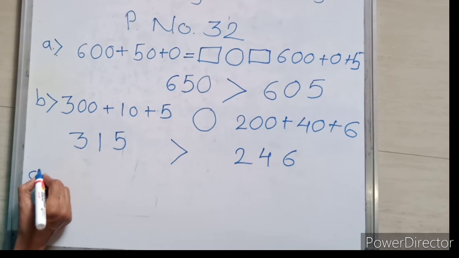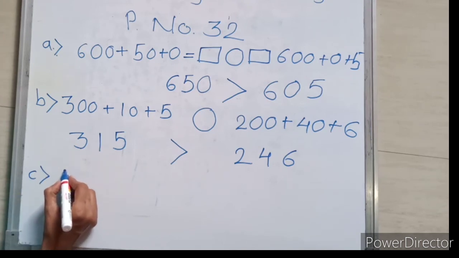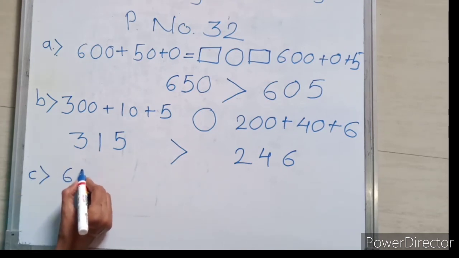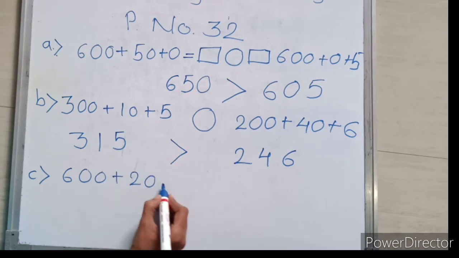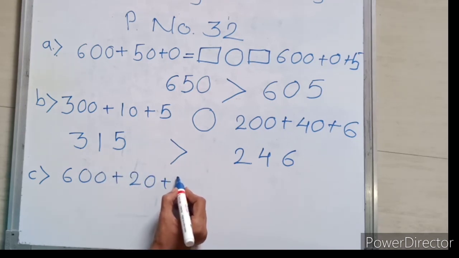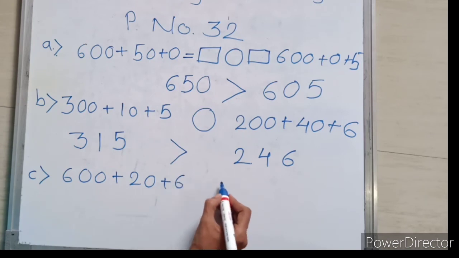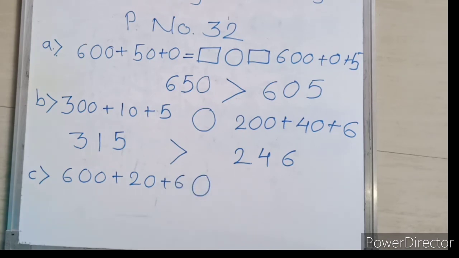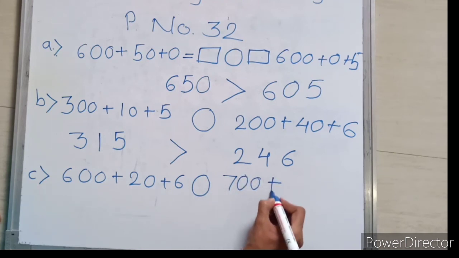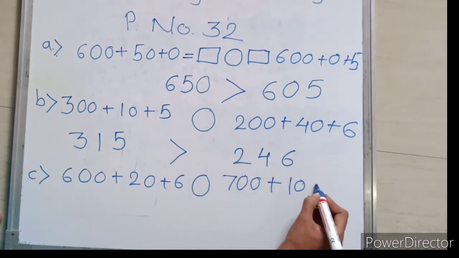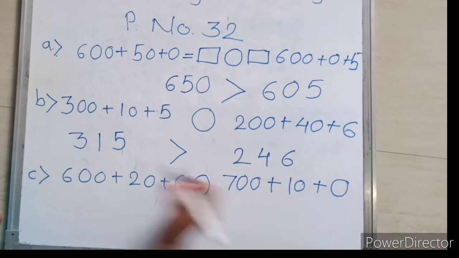Now one more example. 600 plus 20 plus 6 here, and 700 plus 10 plus 0 here.